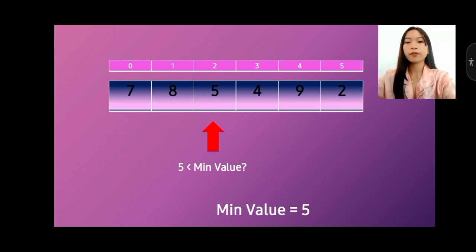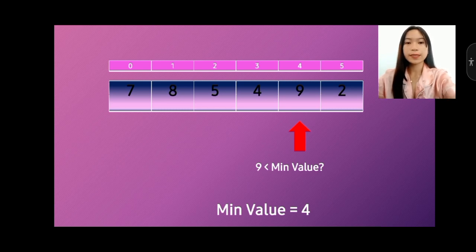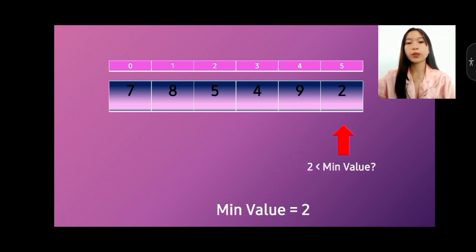So we'll assign 5 to the min value. Is 4 less than the min value? Yes. We'll assign that to the min value. Is 9 less than the min value? No. Is 2 less than the min value? Yes. So we're done with our first iteration of the list.